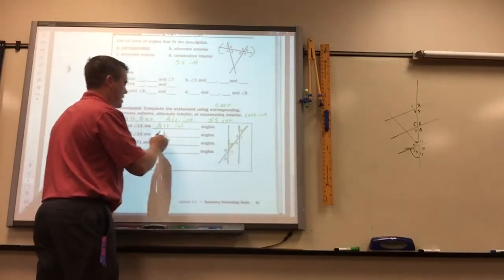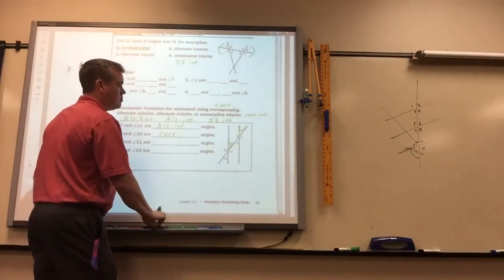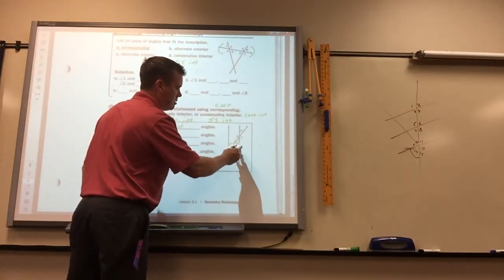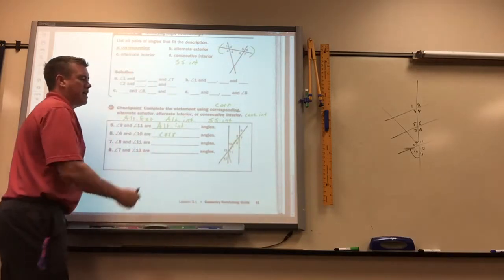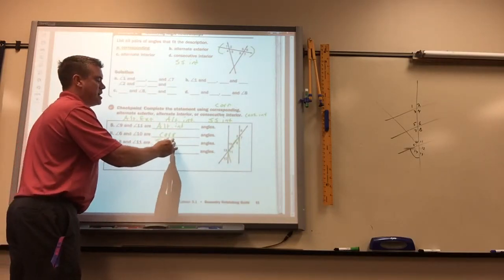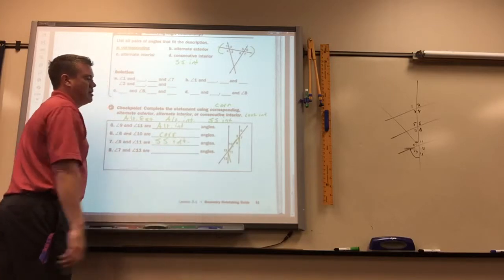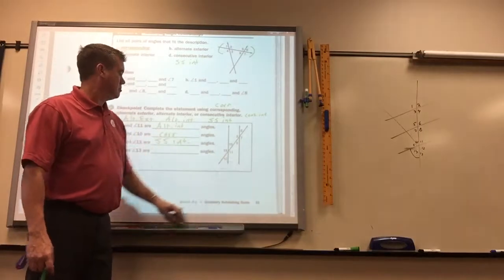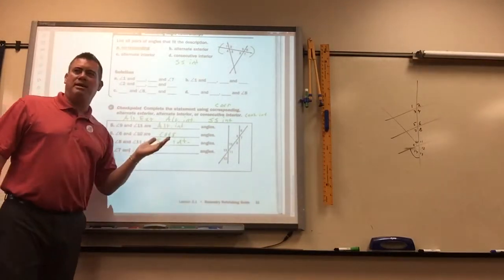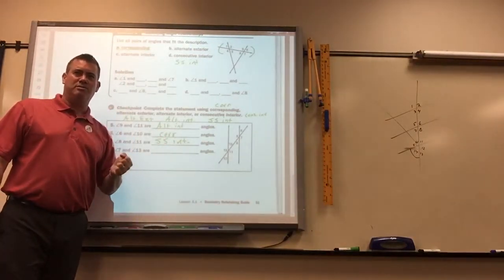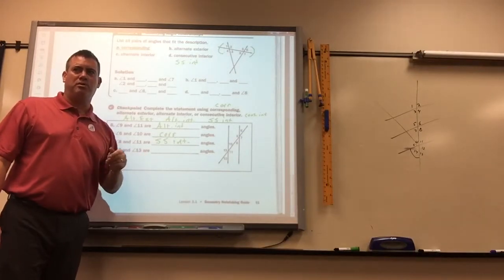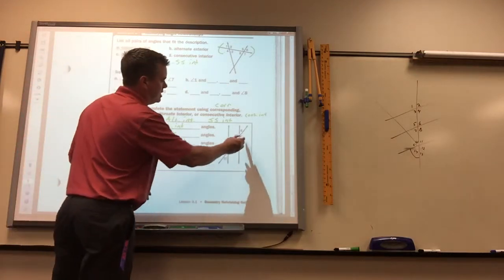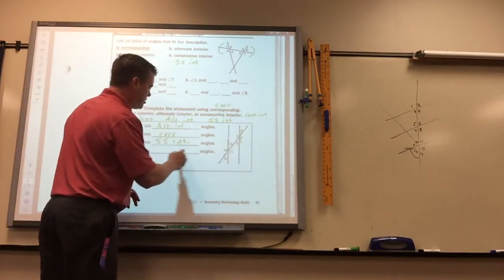Top right, top right. 8 and 11: same side interior. They're both inside and they're on the same side. Remember, with corresponding, one of them is going to be outside, one's going to be inside. One will be exterior, one will be interior. 7 and 13, alternate exterior.